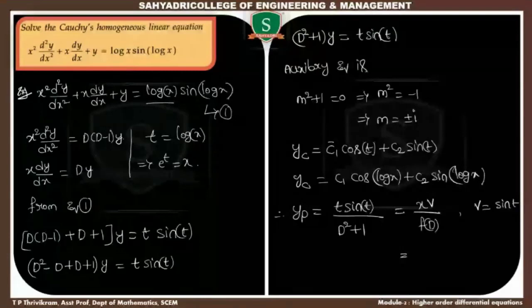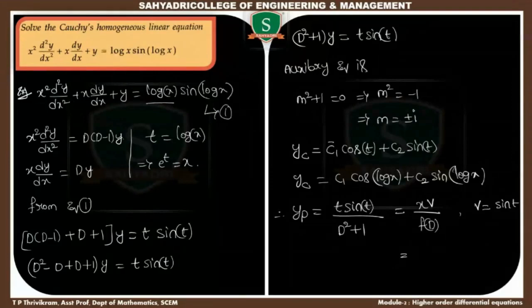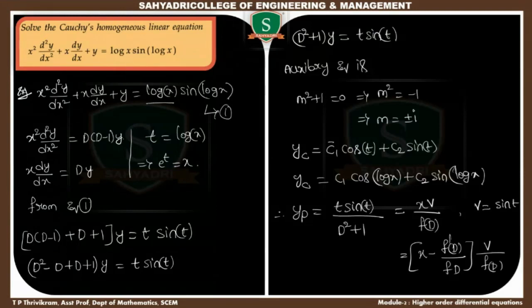This is of type 5. Okay, in type 5 what we'll do? x minus f dash of d divided by f of d into v divided by f of d. This much only. So this formula we are going to apply there.